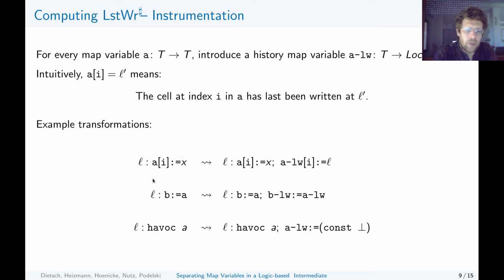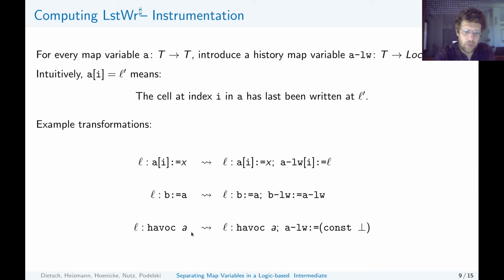So for example, for instrumentation, we transform a write to A at index I into the same statement again, and also a write to our A last writes at the same index I, but there we store the label of the writing statement, namely L. Another case is when we assign maps, then we just have to assign the last writes maps along with the original maps.